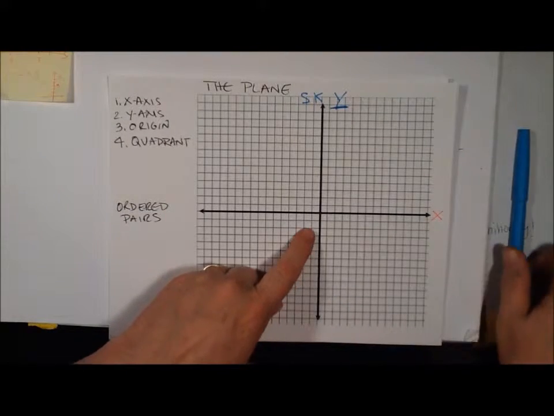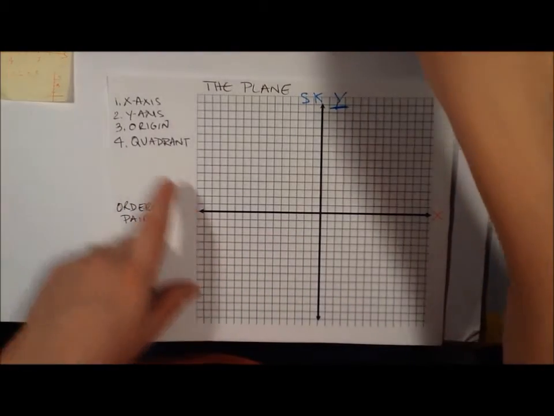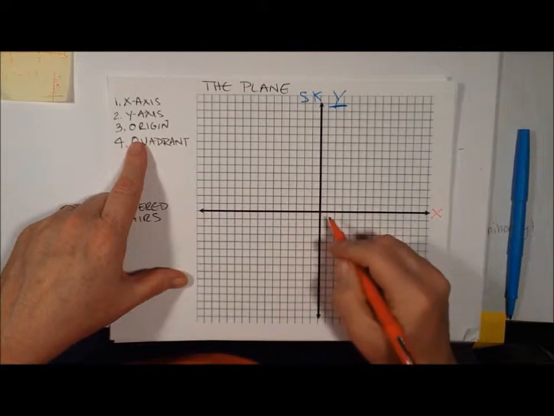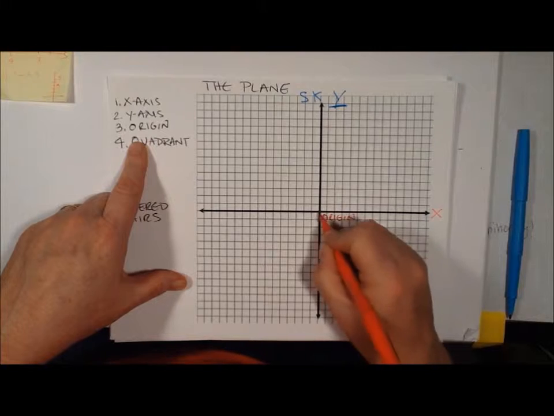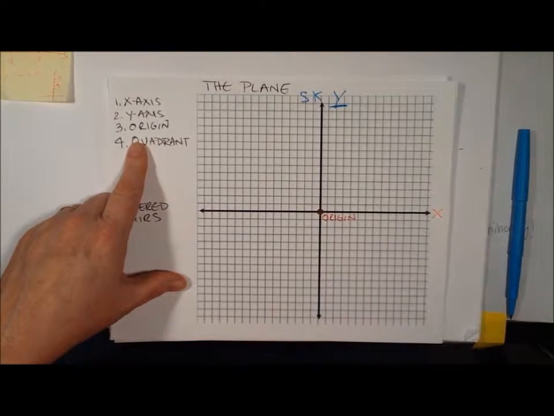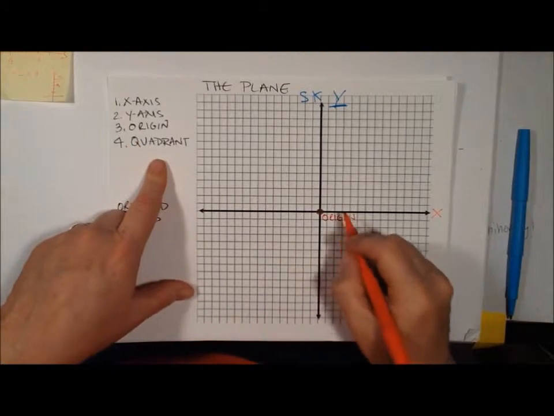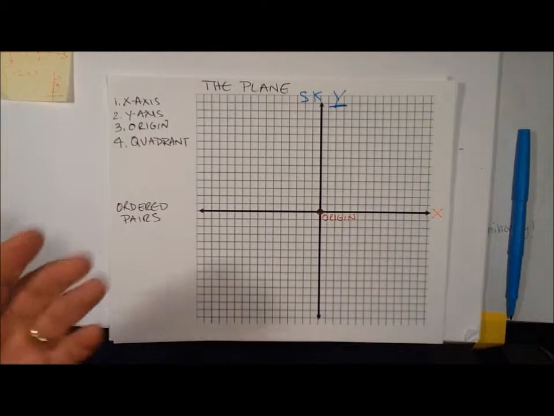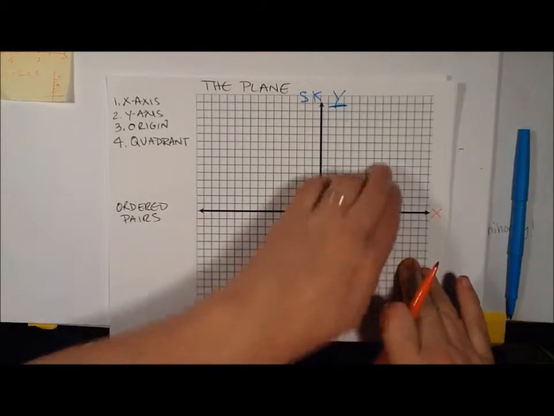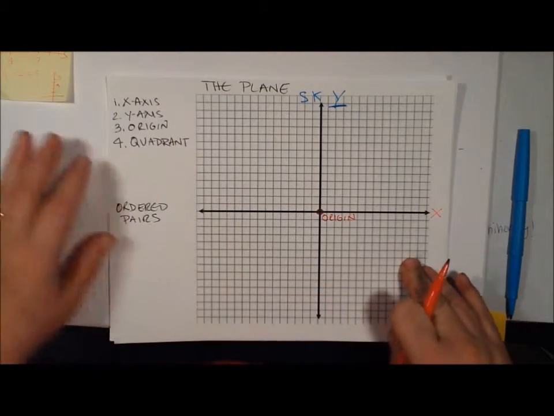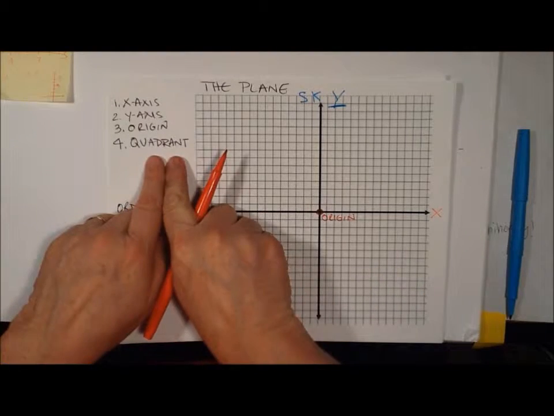Now, another important part is the origin, and that's where the two axes cross. That's the origin right there. The other thing that's important when finding our way around the graph is that it is split into 4 sections, and they're called quadrants.